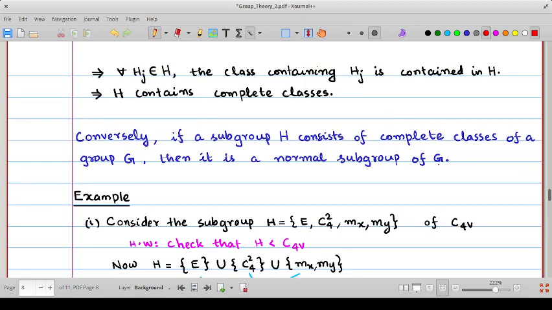So if H is a normal subgroup of G, then H contains complete classes of G. Or conversely, if a subgroup H contains complete classes of the group G, then it is a normal subgroup of G. That is, its left coset would be equal to the right coset.